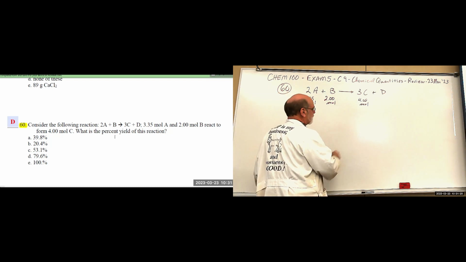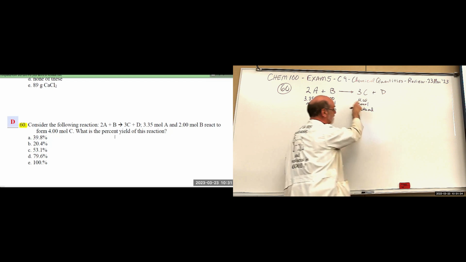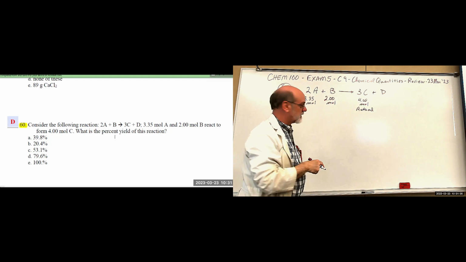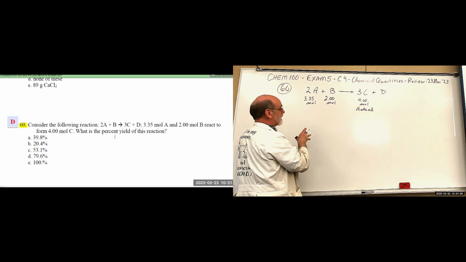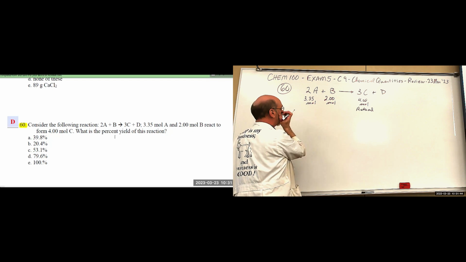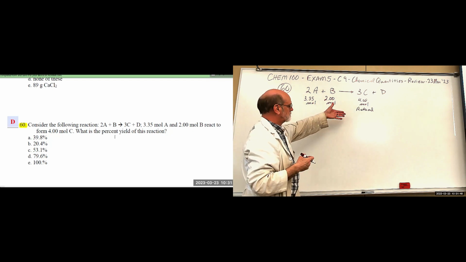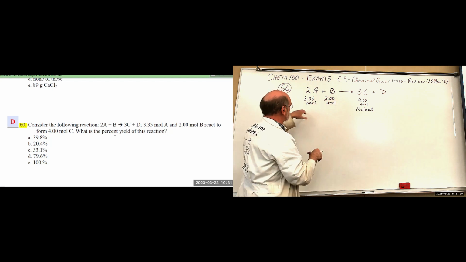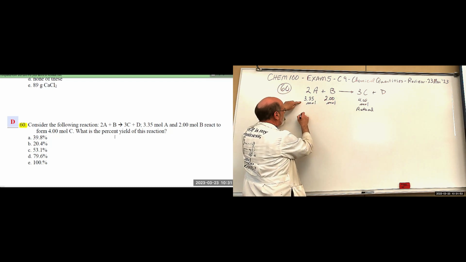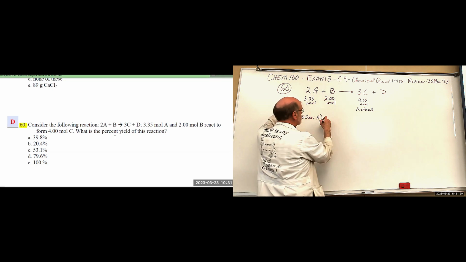So this is actual. It says that was actually produced. What would be the theoretical? Well, we've got actual amounts here, so what we need to do is find out which one's limiting. Right? We can do that the hard way, which is okay. If we have 3.35 moles of A, how much C would that produce?